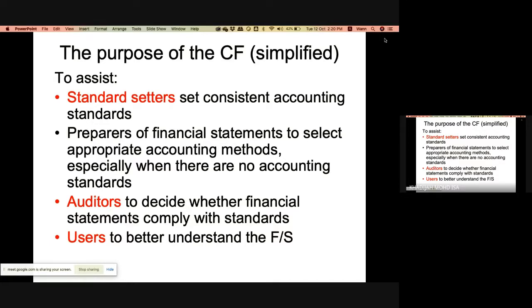And users also: the purpose is to assist users to better understand the financial statements. That's why you have a conceptual framework. The framework will tell you what should be done, how it should be done, and everything else.